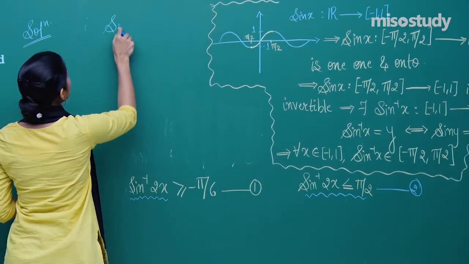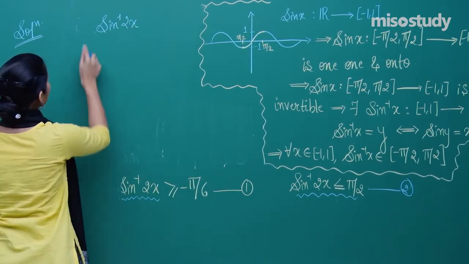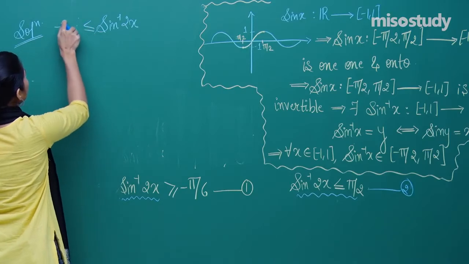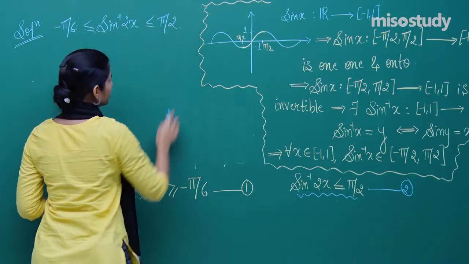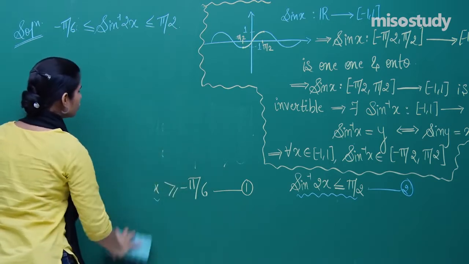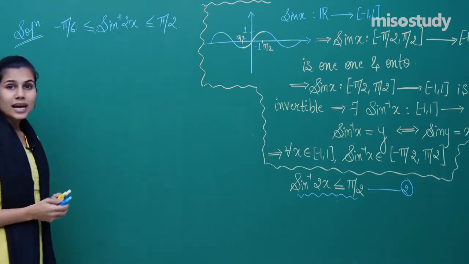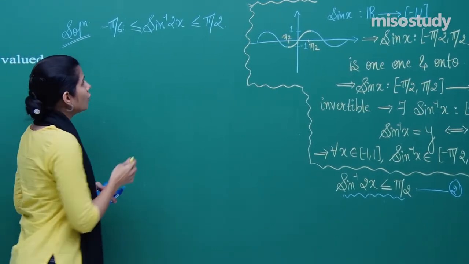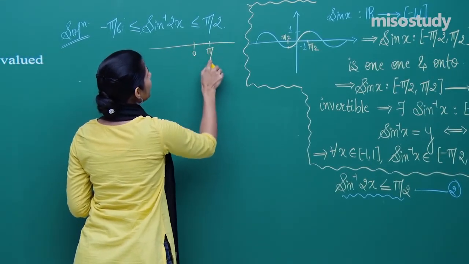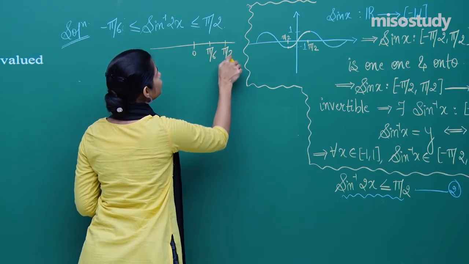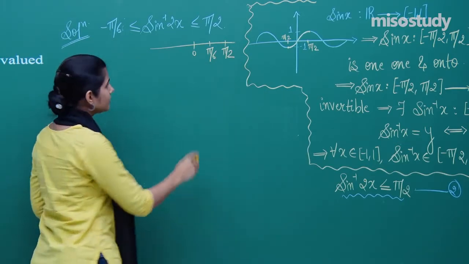So I have sine inverse 2x is greater than or equal to minus pi by 6 and less than or equal to pi by 2. That is what I have used over here. Now is the time to solve something. Well, if you carefully observe, this is my pi by 6, this is my pi by 2. Pi by 6 is 30, pi by 2 is 90.